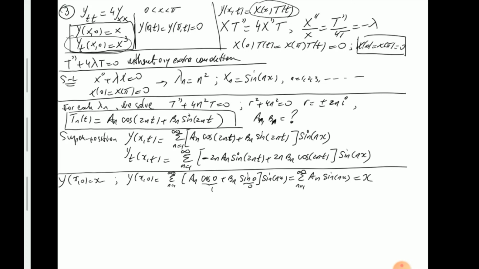So an comes from the Fourier sine series for x. On the other hand, looking at the table, the sine series for x on the interval 0 to pi is 2 times the summation from 1 to infinity of minus 1 to the n plus 1 over n, sine of nx. So that means an must be 2 times minus 1 to the n plus 1 over n.